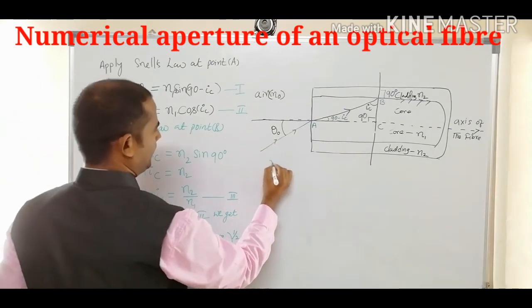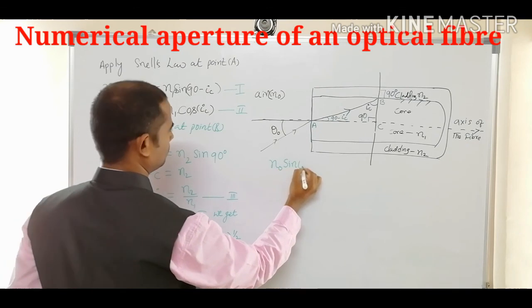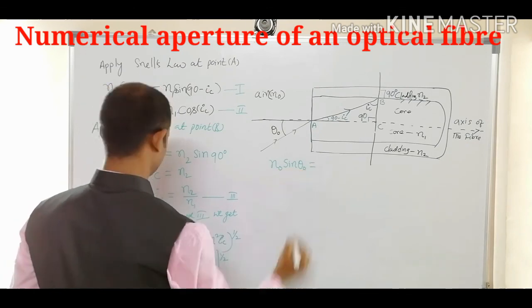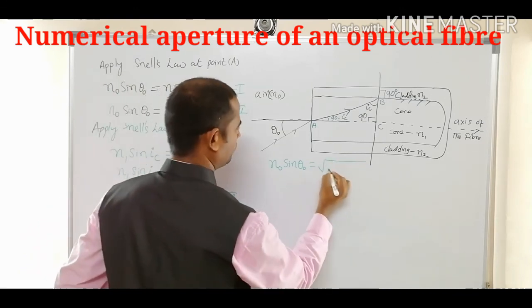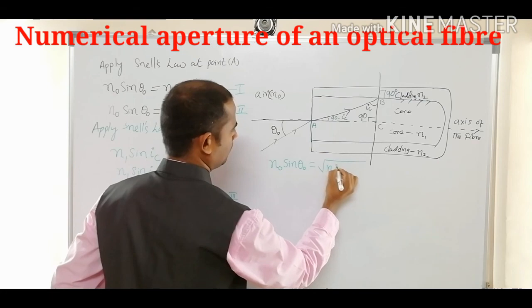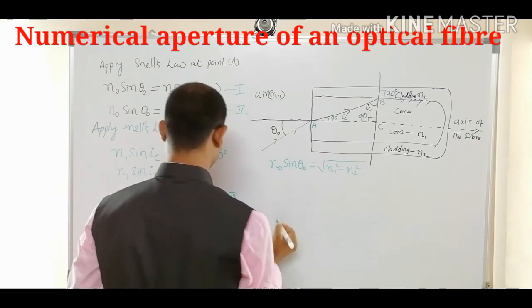Further we are going to get n naught sine theta naught is equal to the square root of n1 square minus n2 square.